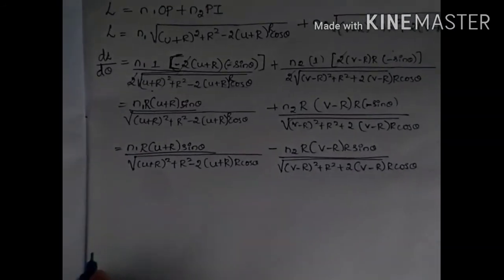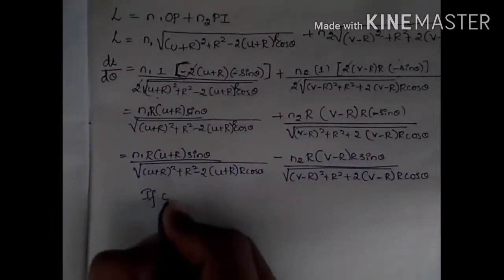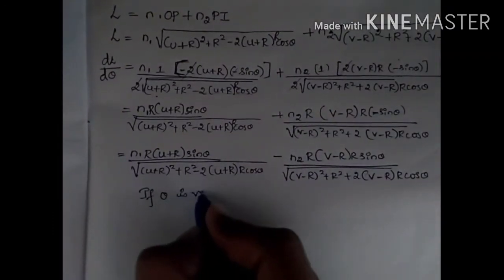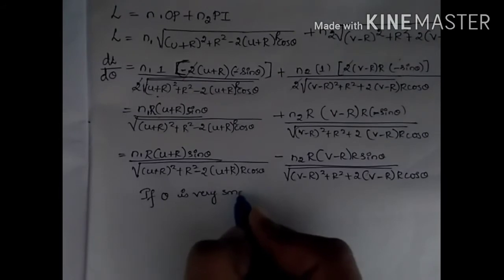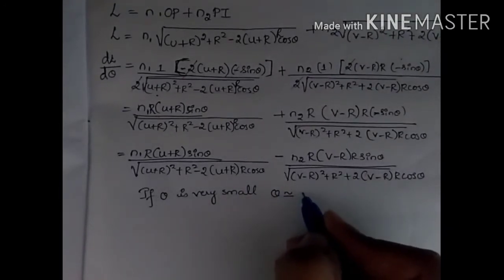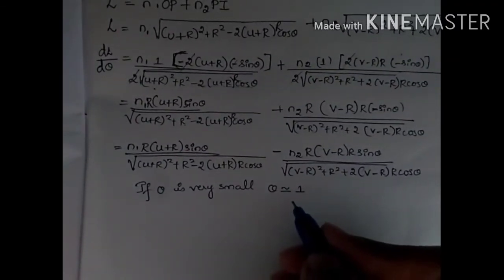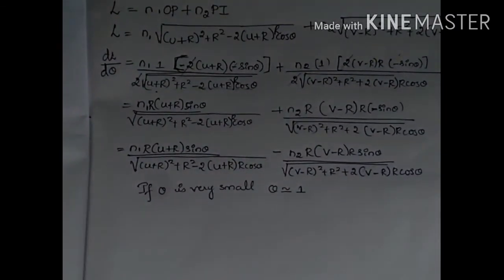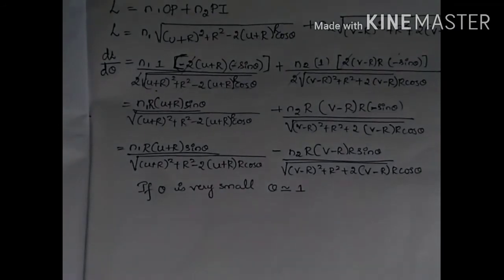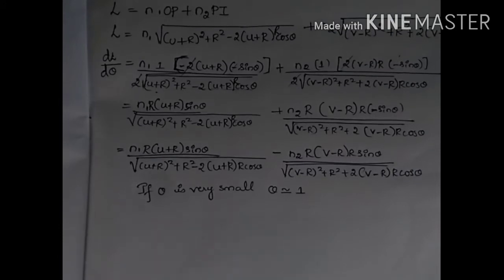If theta is very small, then cos theta is approximately equal to 1. So wherever there is a cos theta term, you substitute 1, and wherever there is a sin theta term, substitute the small-angle value as well.